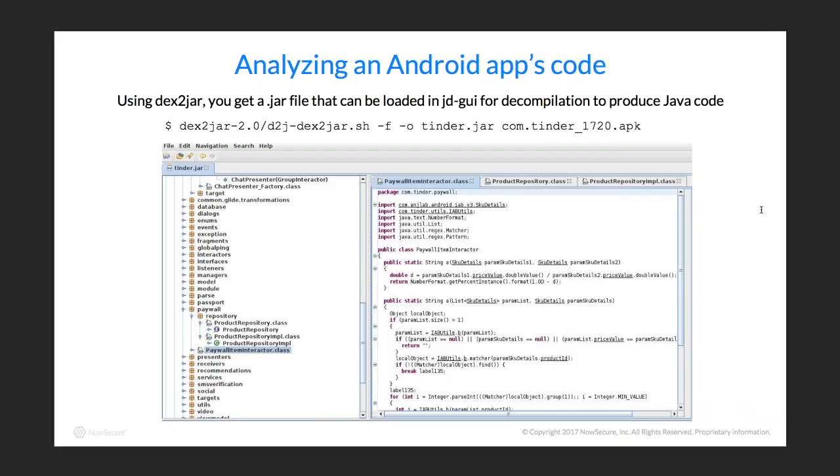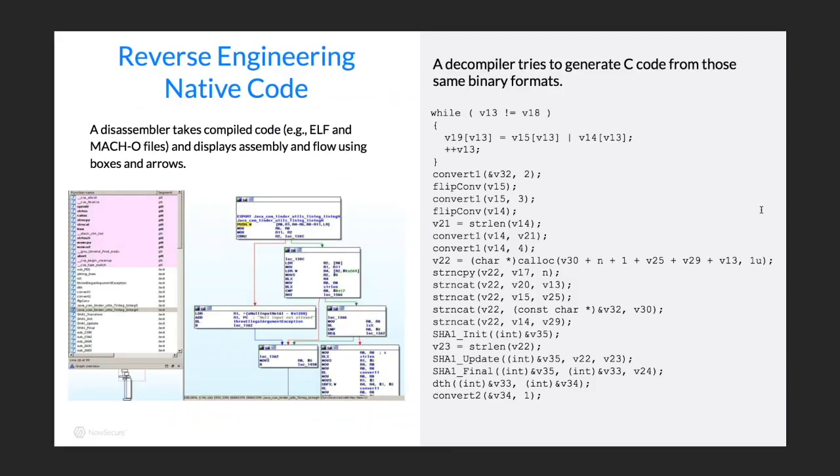And then, along with Java, Android apps are made out of native code. So the story on the native code, can we hop to the next slide? I think we're stuck. There we go. With the native code, you get the same choices as you did with the Java. You can disassemble it with IDA Pro or Radare, and that's what the image over here on the left looks like.